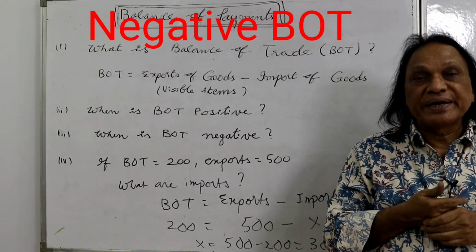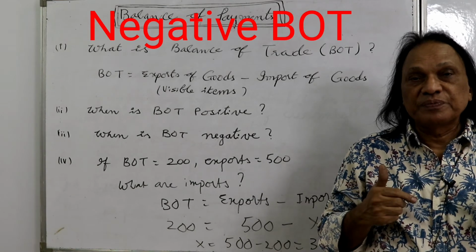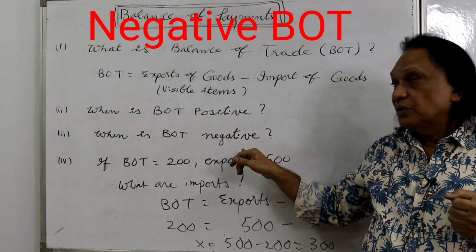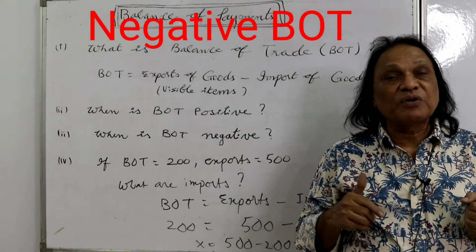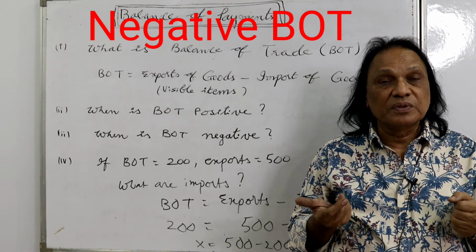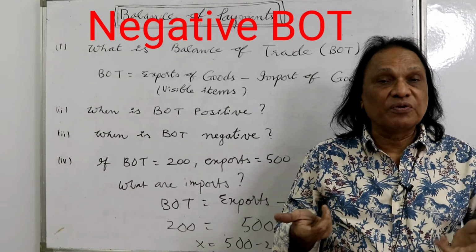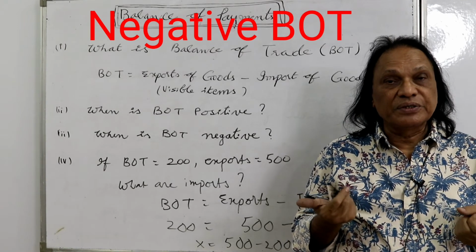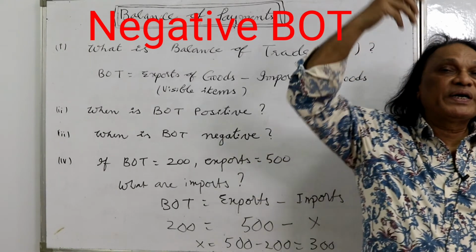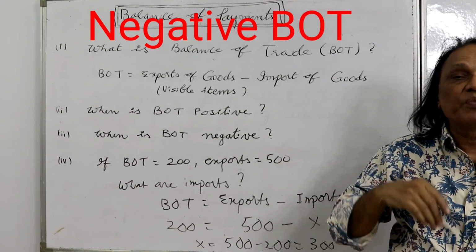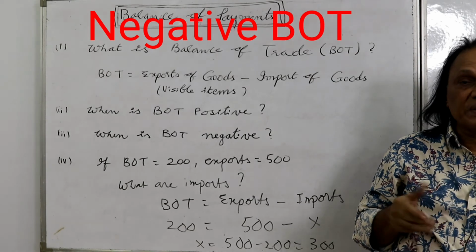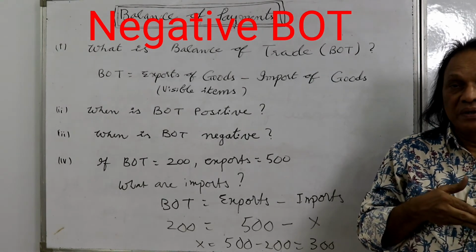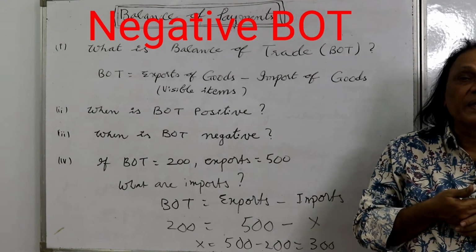When is BOT negative or unfavorable? BOT is negative when import of visible items or goods are more than export of goods. We exported only 200 and imported 500 worth of goods, so in this case it will be 300 negative BOT.